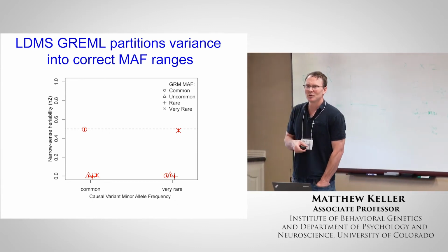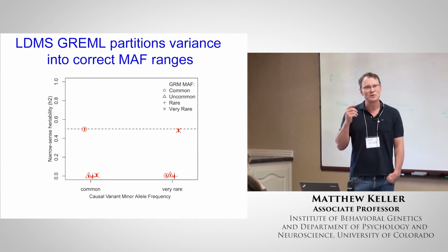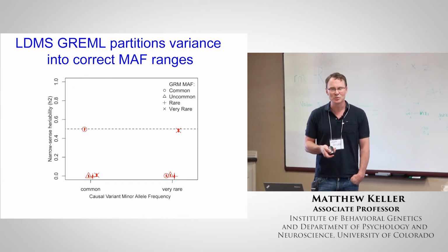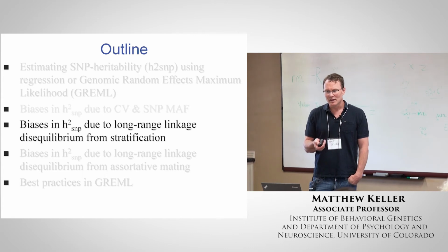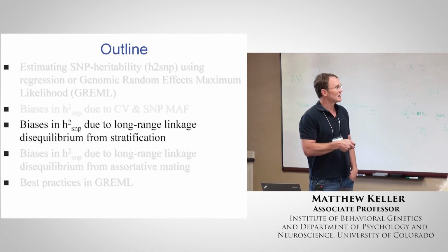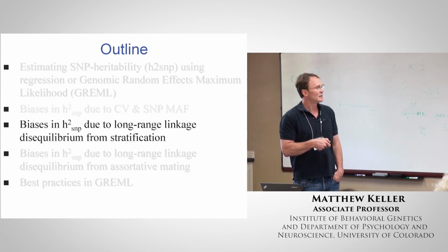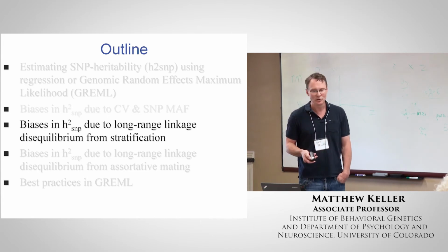Okay, so I'm nearly out of time. Let me just race through a few real quick conclusions, and then we'll cut this off. I'll talk about this issue that stratification leads to LD.